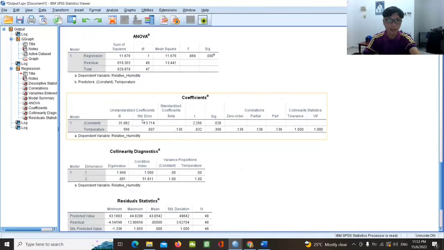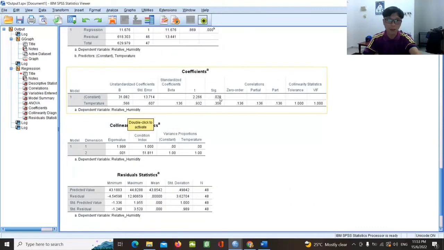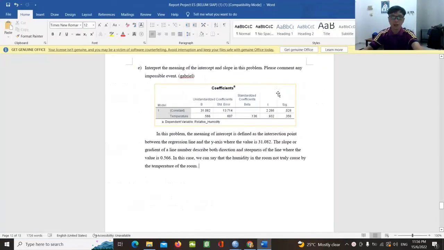My part is the coefficient, which is auto generated. This is our data that we got from SPSS just now for the coefficient, and this is our report. The constant value between the regression line and the y-axis is 31.082, and the slope, or the gradient of the line, describes both the direction and steepness of the line, where the value is 0.566.